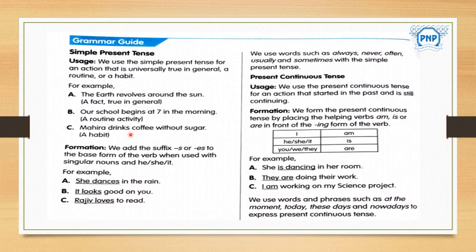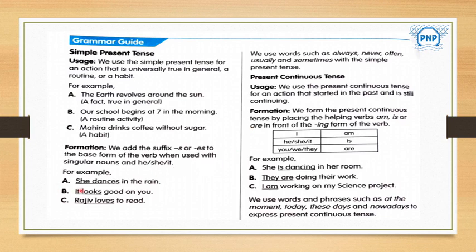Correct? Good. Now just check the formation. We add the suffix s or es to the base form of the verb. Base means the basic form of the verb. Okay, when used with singular nouns and he, she, it. With he, she, it also we are supposed to use s and es with the given verb.